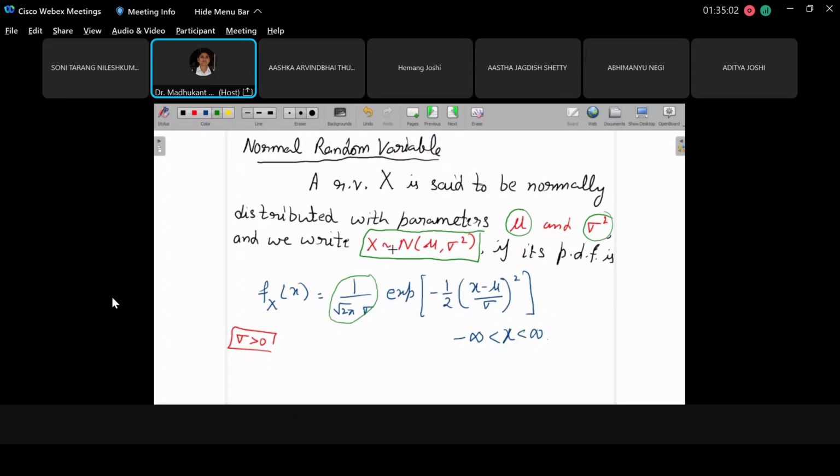We write x follows normal distribution N with mu comma sigma square, if its PDF is the following. Now if mu equals 0 and sigma equals 1, it is easy to take. Then f_X(x) is equal to 1 upon square root of 2 pi times e to the power minus x square by 2.